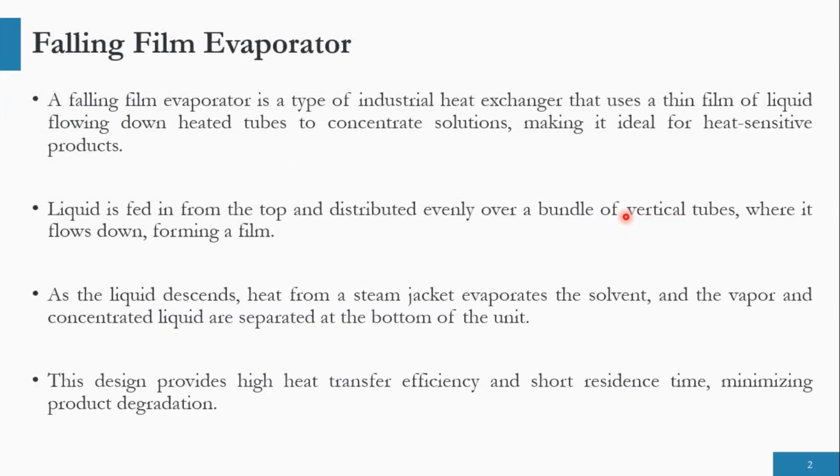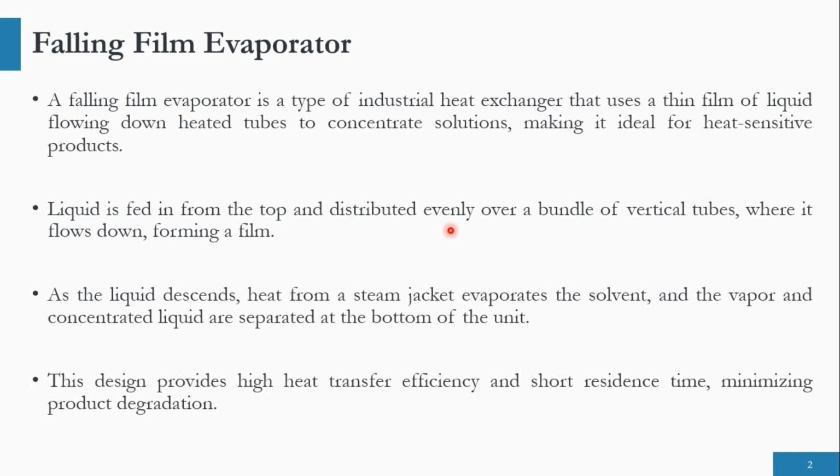the basic concepts of the falling film evaporator, that it is a type of industrial heat exchanger which uses a thin film of liquid flowing down heated tubes to concentrate solution, making it ideal for heat sensitive products. Liquid is fed in from the top and distributed evenly over a bundle of vertical tubes where it flows down, forming a film.